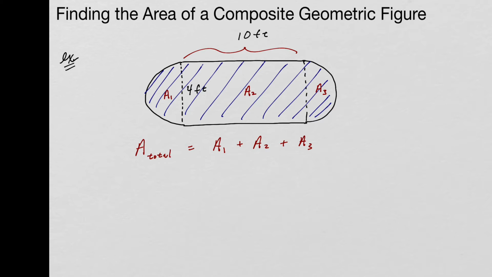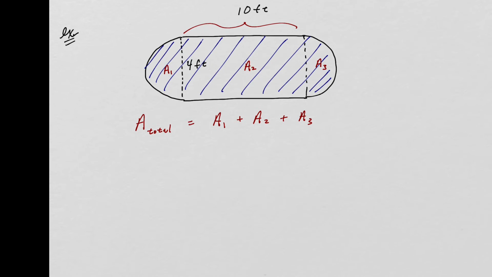Okay, so how do I find area? Let's start with area 1. Well, it's a semicircle, right? We know the area of a circle is pi r squared, and since it's half of that, I have to multiply that by half. So this is going to be half of the area of a circle, which is pi r squared. So in this case, remember this 4 here, right?